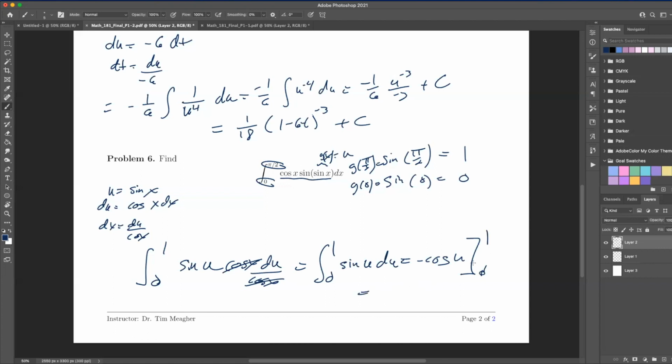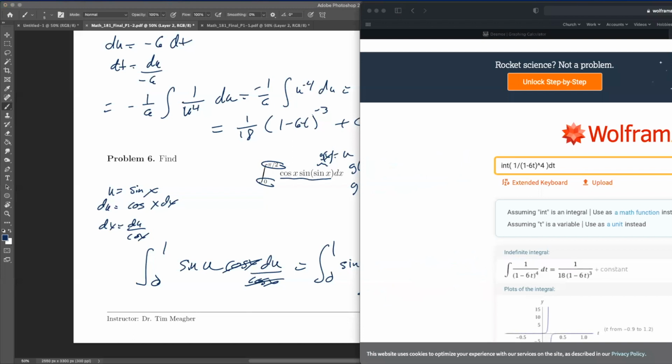And if we crunch through that, I'll get, hold on, let me do this. So I'll get minus cosine of 1 minus a minus cosine of 0. And so this should be minus cosine of 1 minus, so it'll be plus 1. And then we just check it in the computer. All right, let's type this awfulness in.